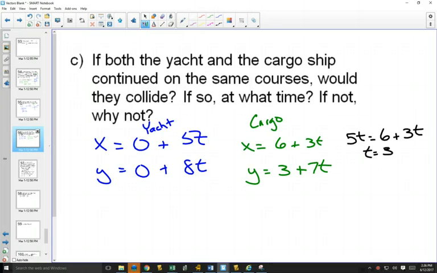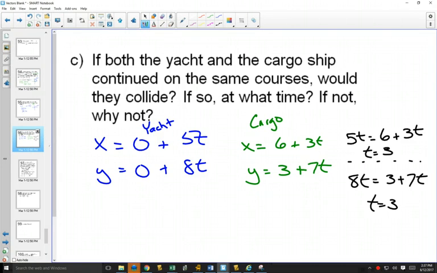We have to check that the same thing happens with our y-coordinates. 8t equals 3 plus 7t, does t equal 3 here as well? If you solve this, sure enough, t is equal to 3.